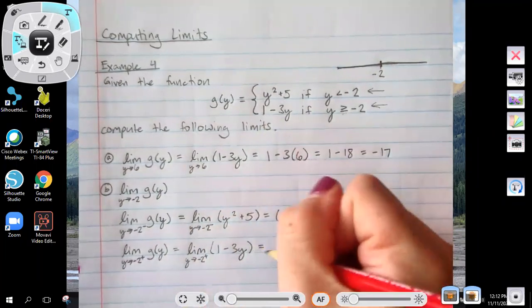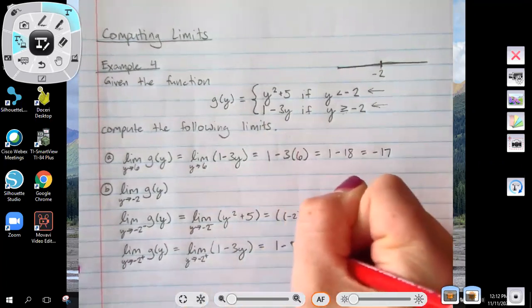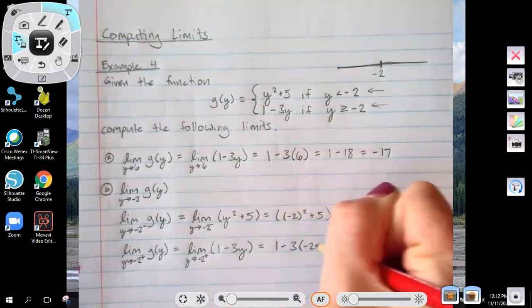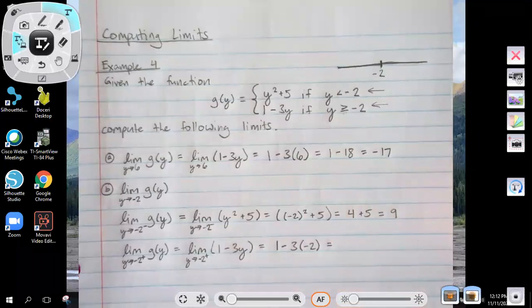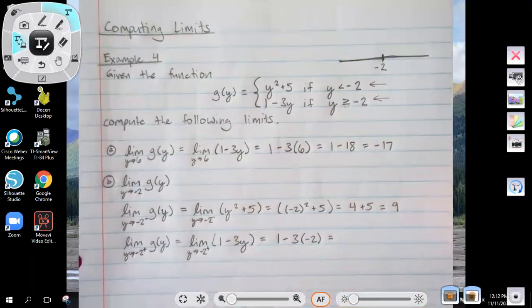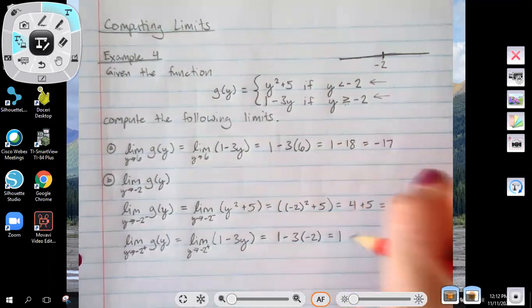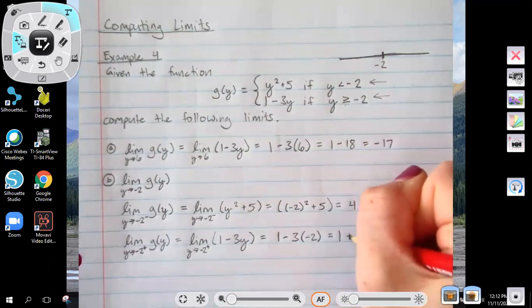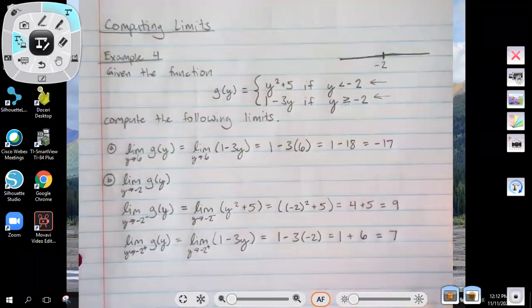Okay, plug negative 2 in. We get 1 minus 3 times negative 2, which is 1 plus 6, which gives us 7.